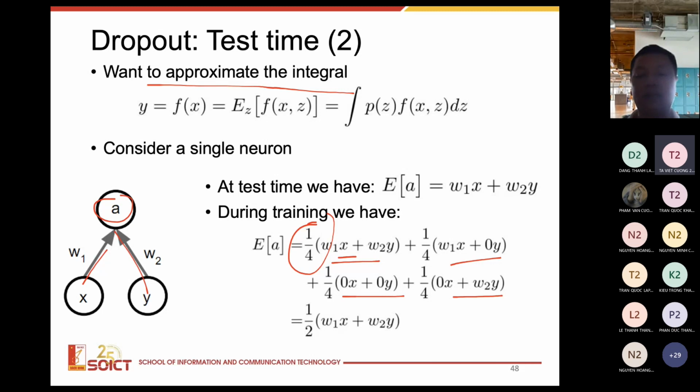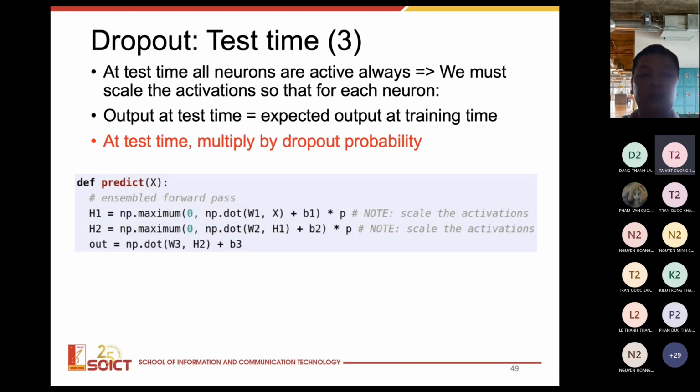Then we have this formulation: 1 over 2 W1x plus 1 over 2 W2y. In this case, we can approximate by multiplying the output with the dropout probability.